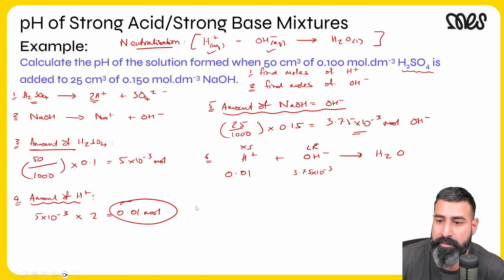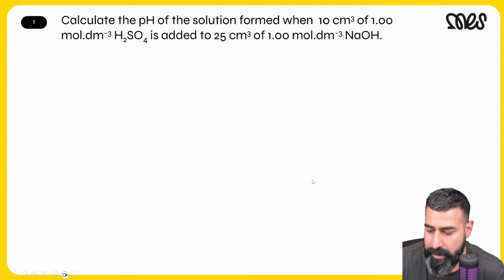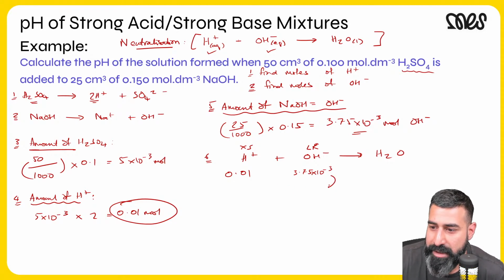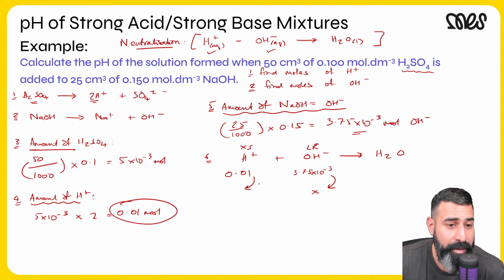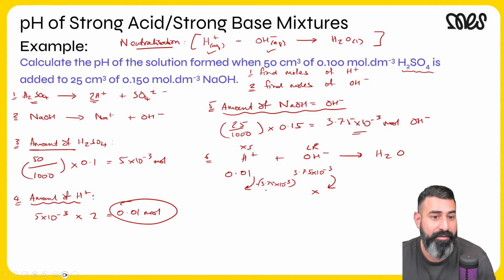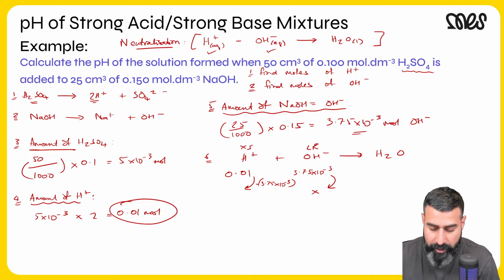It's a simplified solution. So that means, at the end of this reaction, the limiting reactant all gets used up. So we're not going to have any of it left. That's going to go down by 3.75 times 10 to the minus 3 because it's 1-to-1. So let's work out. Yeah, so subtract from acid moles. Absolutely. So 0.01.